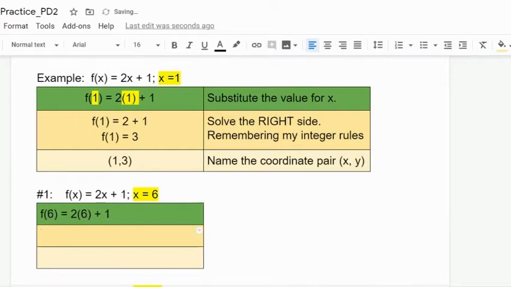So we have f of x equals 2x plus 1. So f of 6 must equal, so you should be doing it in your calculator, 2 times 6, which is 12, plus 1, which equals 13, which means my point is 6, 13. Oops, where'd my 6 go?